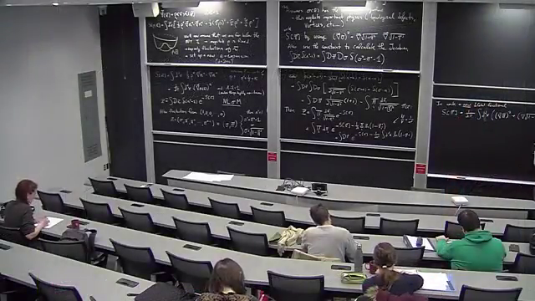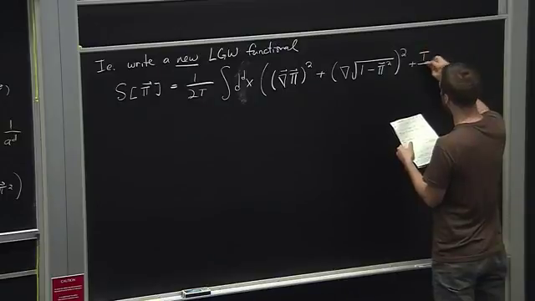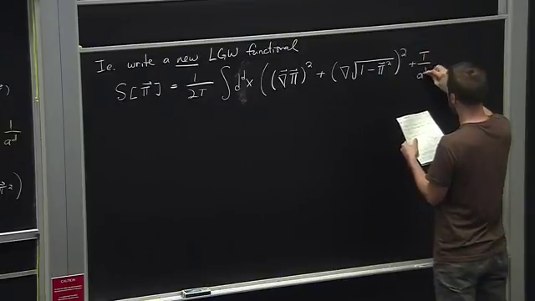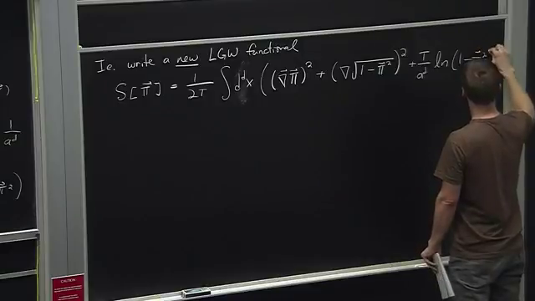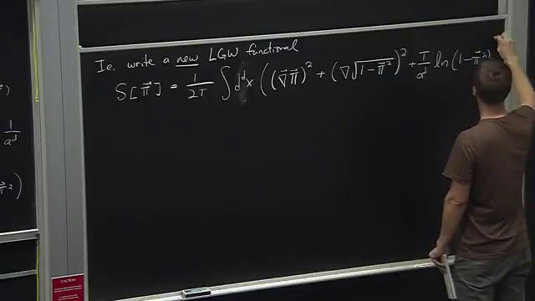And t over 1 minus pi squared. Something like this.